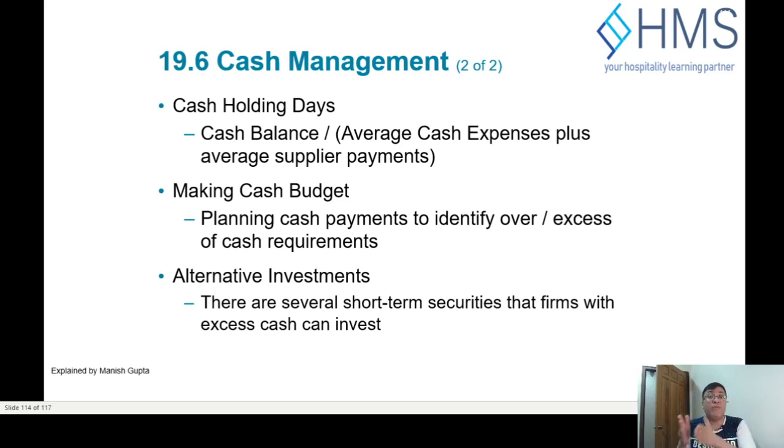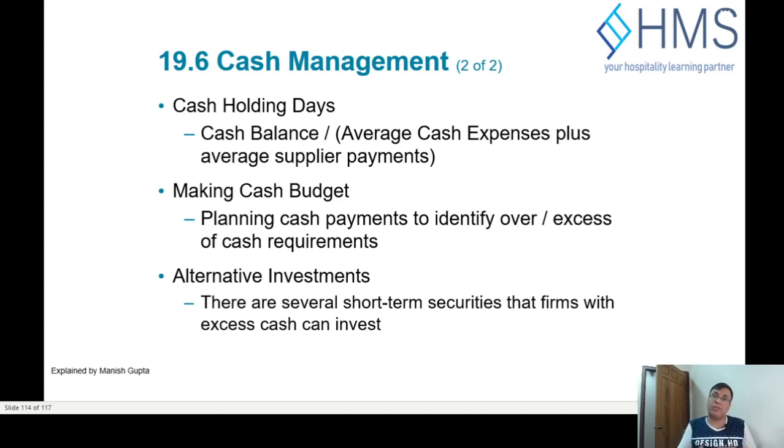If you do it by week, you can stretch it out and say, okay, I need cash maybe in 6 months, or in 3 months, or in 1 month's time. How much do I need, so that you can arrange it from your finances, or by delaying your supplier payments, or by giving a cash discount to your customers to get the money in faster. This way you can manage the cash flow easily.